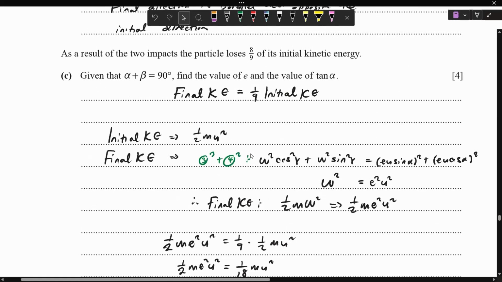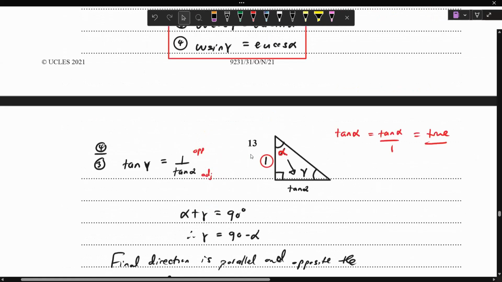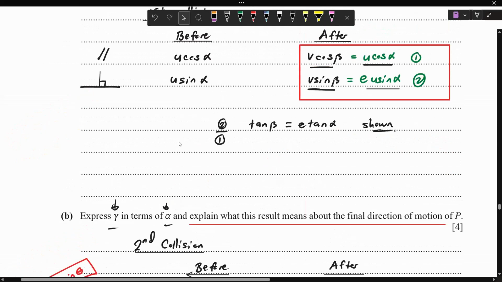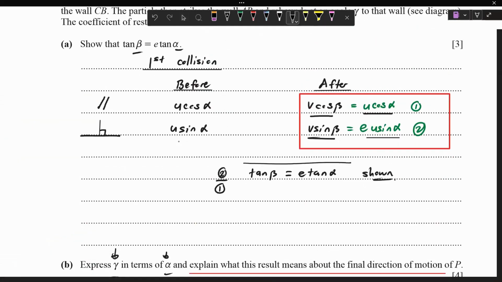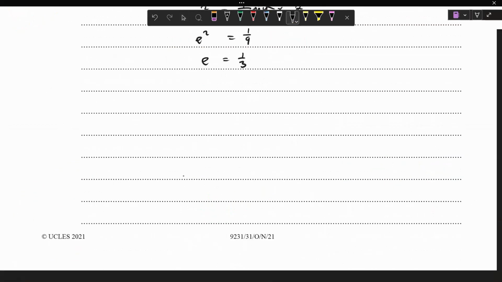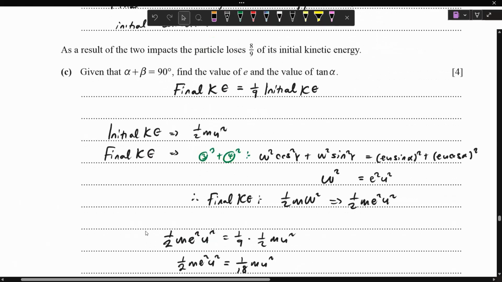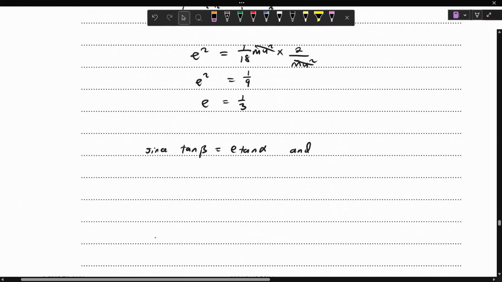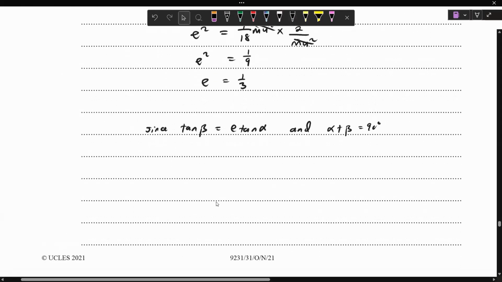They also say we should find the value of tan alpha. For the value of tan alpha, if we take the result we got earlier, tan beta is equal to E tan alpha. And remember, we've been told that alpha plus beta equals 90.